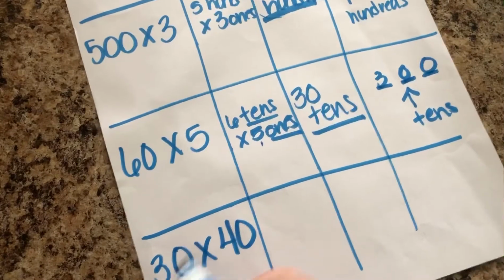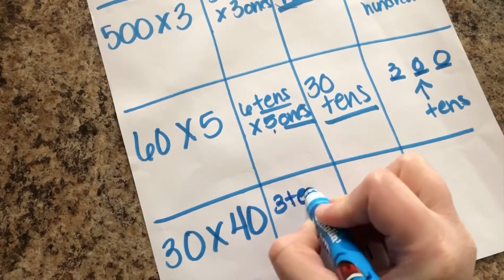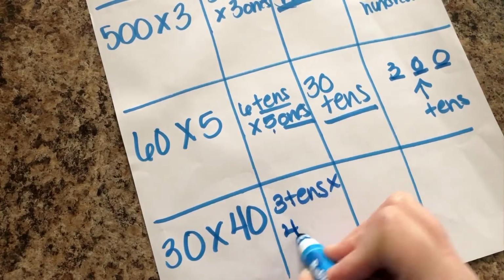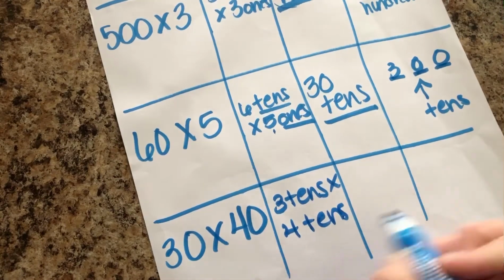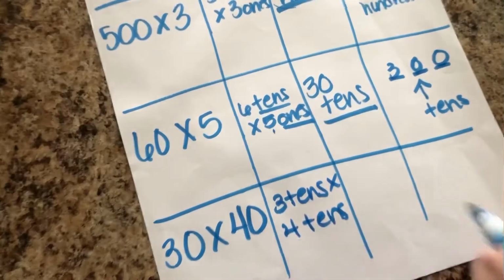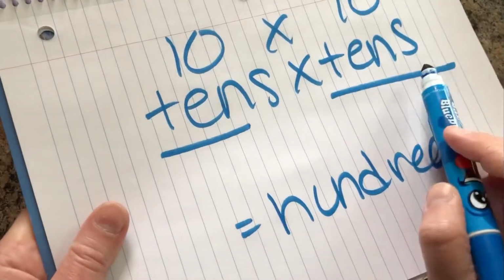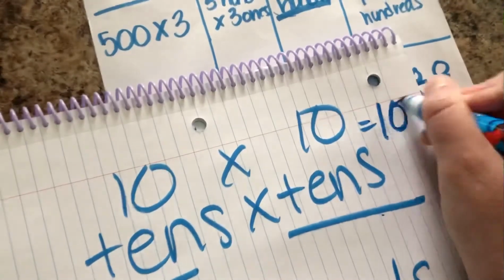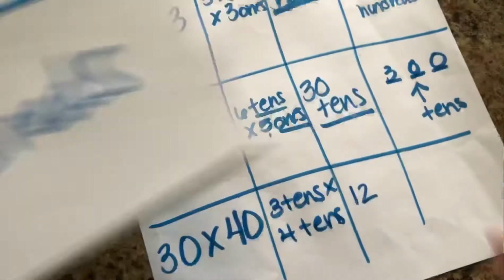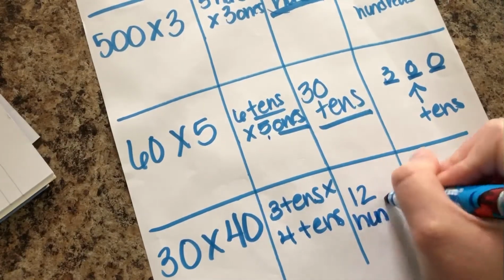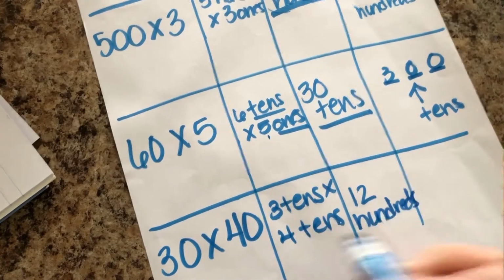Okay? So let's think about this. So now we have 3 tens. So we're going to write it out. 3 tens times 4 tens. And what's our answer going to be? 3 times 4 is 12. And we said, remember, 10 times 10 is 100, right? So our answer is going to be in hundreds. So it's going to be 12 hundreds. Because we can't say it's tens.